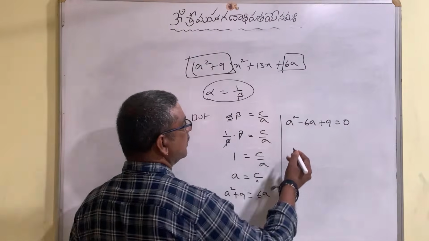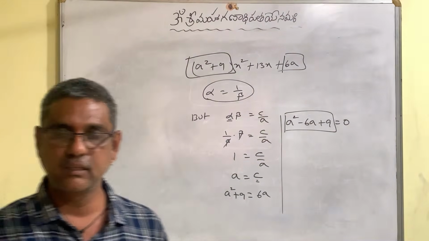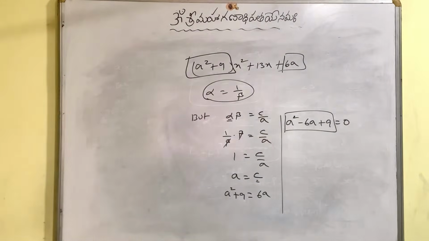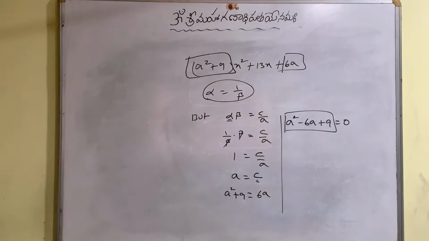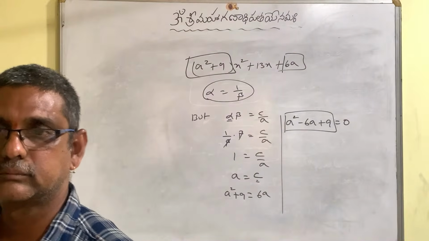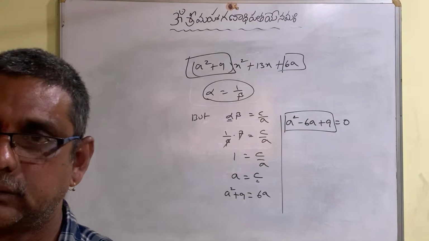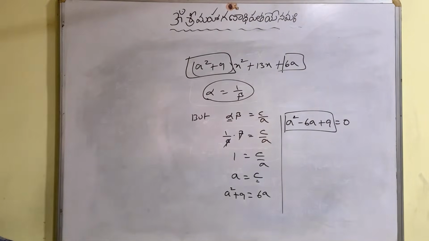Now, this is a perfect square. Is that right, children? a square minus 6a plus 9 is a perfect square. How many of you know it? Yeah, everyone knows it. Okay, good. So how can we express it?